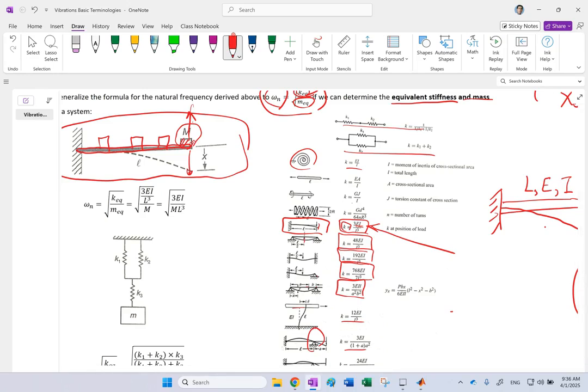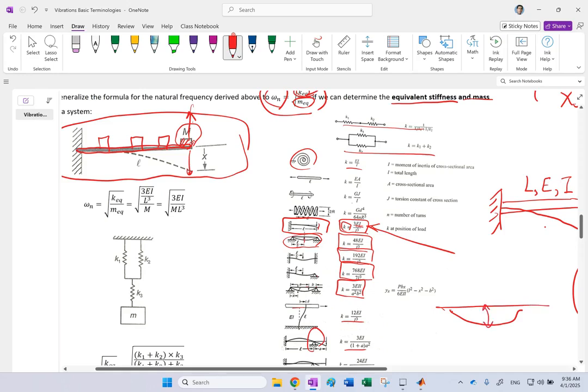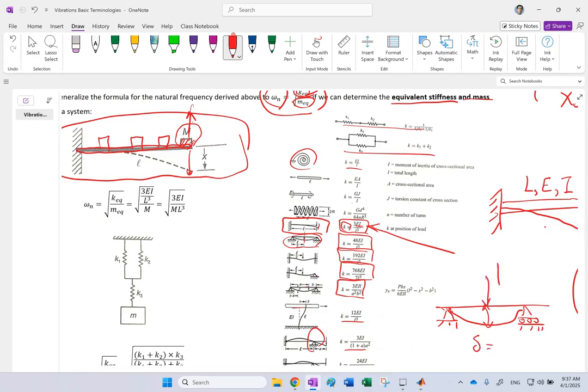In this case, similar. If you look at solid mechanics, if you want to know the deflection of the simply supported beam in the middle, this deflection delta should have been basically the force P, if you apply a force P here, over that K. So if you look at solid mechanics, you should have something like PL cubed over 48 EI.